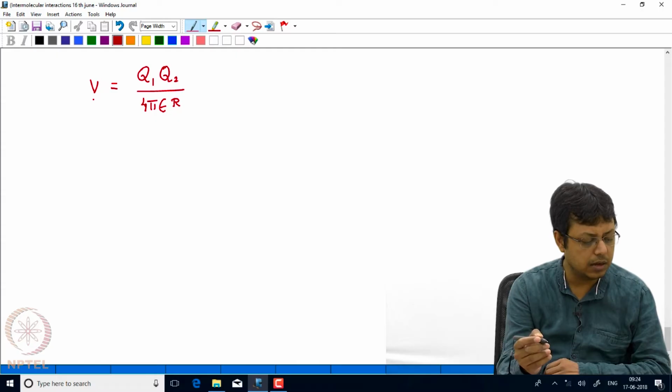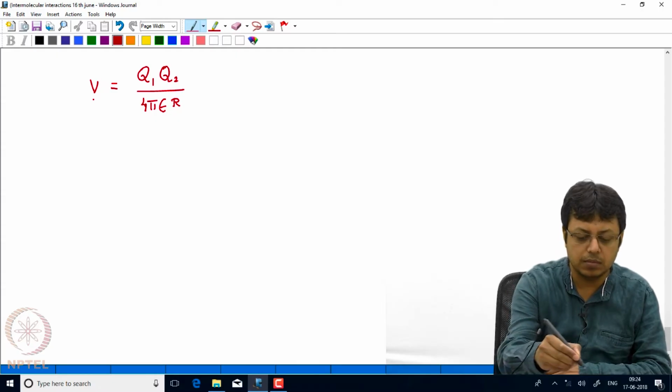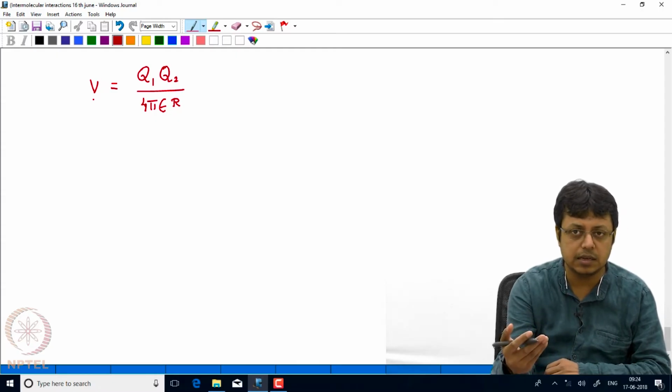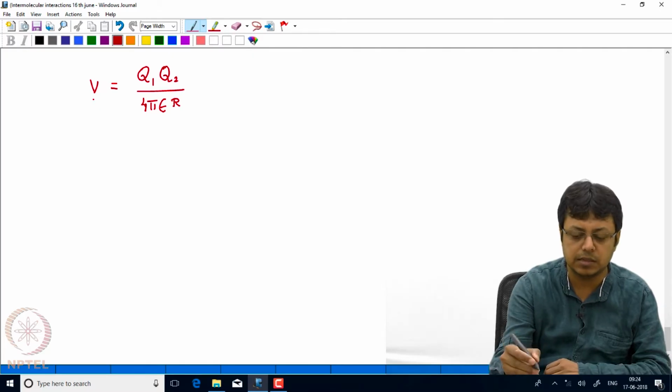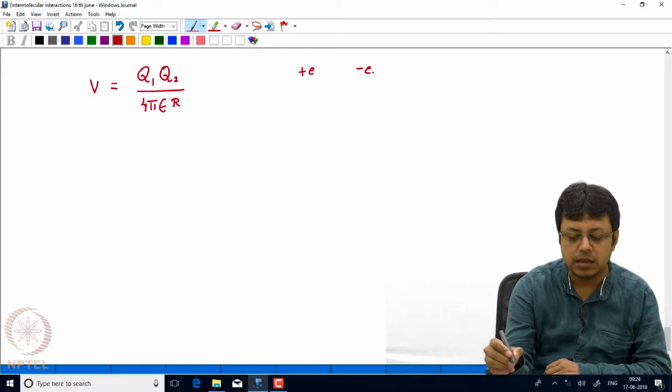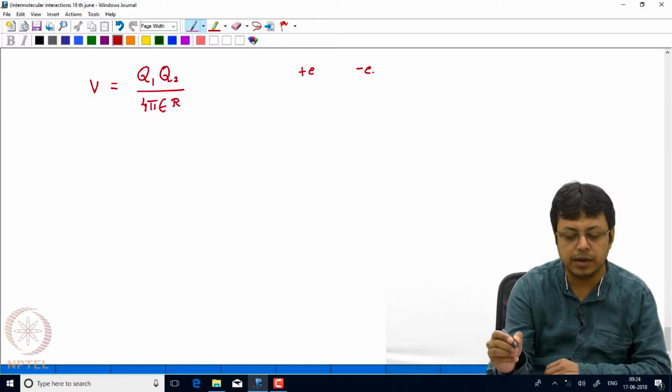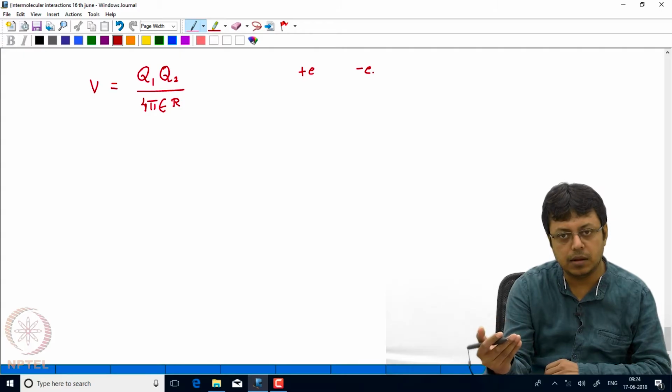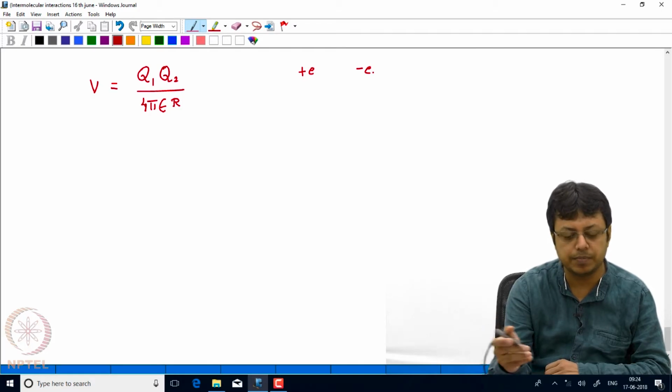Suppose Q1 and Q2 are one a positive charge, plus e, the other minus e. Automatically the interaction potential will be negative, because it is Q1 times Q2, plus e times minus e, which gives minus e squared.